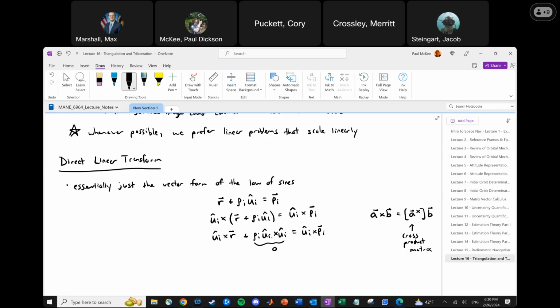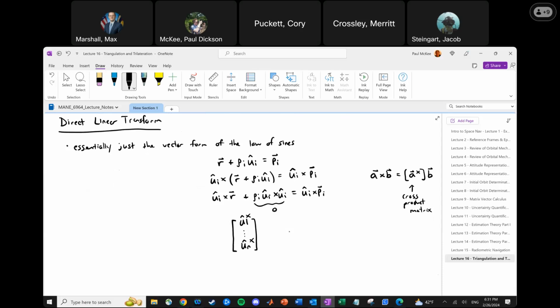Well, it just came back because now what we can do is we can stack a whole bunch of cross product matrices and we get u_i, or let's make it u_1 all the way to u_n for however many n there are. But these are each cross, right? So the cross product operator means these are each a 3x3 cross product matrix. So this is going to be a 3n by 3 matrix.